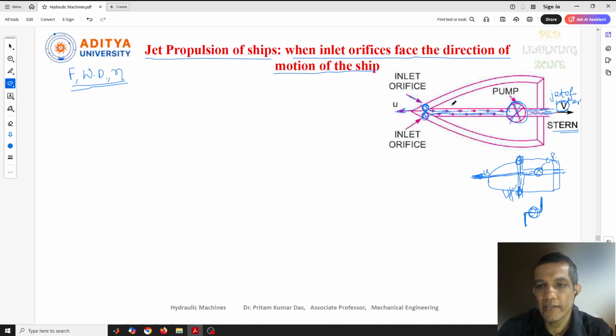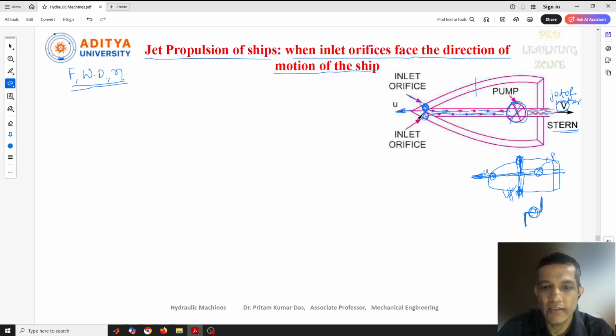But here as you can see the direction of motion of the ship and the inlet orifice are both in the same direction. Previously it was perpendicular, you can see this is the orifice inlet, so this is perpendicular. Now it is the same direction, parallel, we can say. So the ship has an inlet at the orifice which is facing towards the direction of motion.